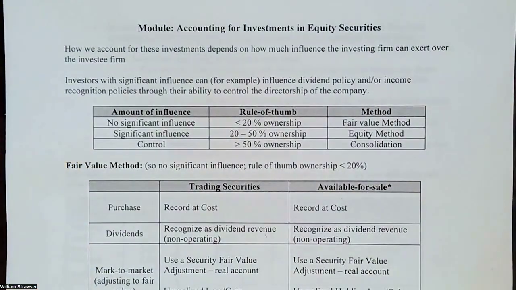No significant influence in terms of: are we able to vote our representatives or our favored leaders into positions of power within the company? Are we able to exert and leverage our controllership of a certain number of shares as influence? If you own less than 20% of the company, it's just not likely to be so.